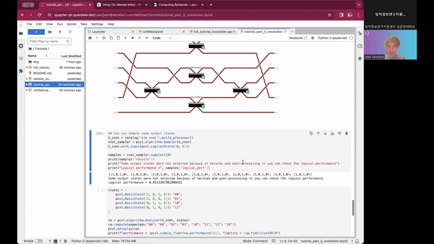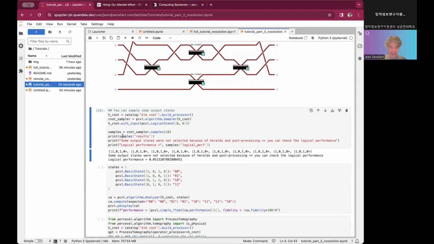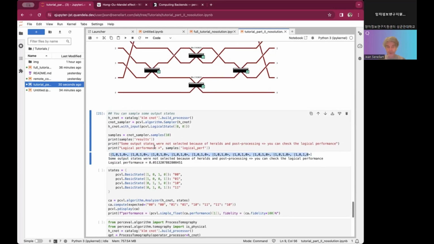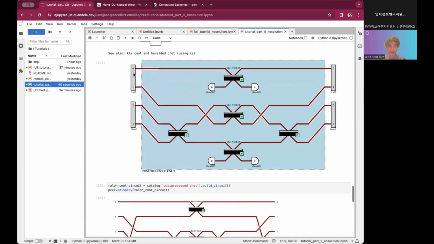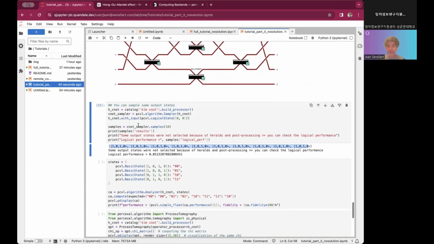So here I'm post-selecting some states, and you see that these states, 1, 0, 1, 0, 1, 0, are all logical states. And they're all the same. Why are they all the same? It's normal. It's a CNOT, and with a fixed input, it's normal that the output is exactly a CNOT output.